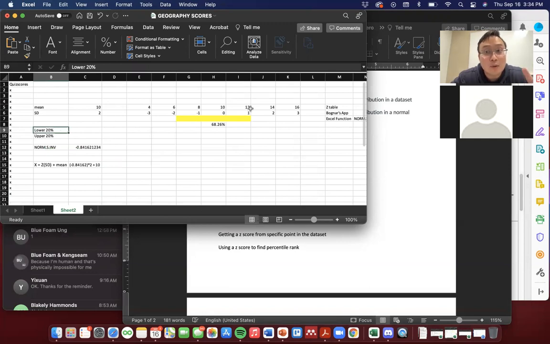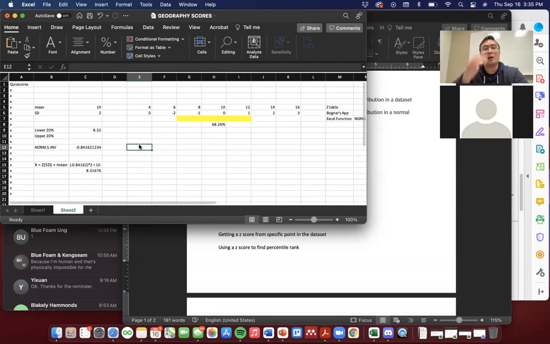We're referencing the normal standard distribution. If we actually do it out, we get 8.31676. So I'm just going to round it up to 8.32.